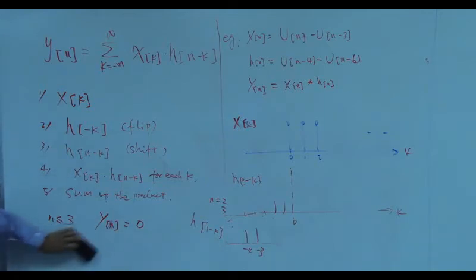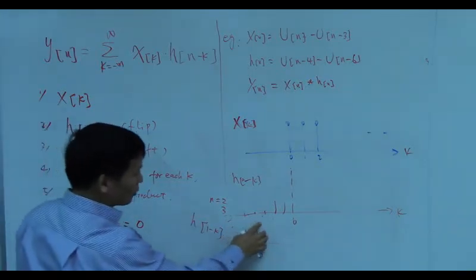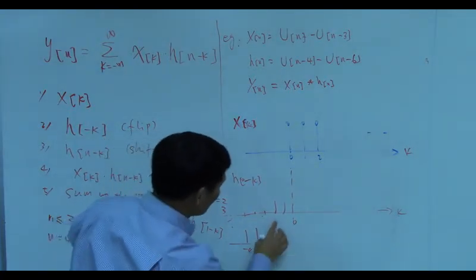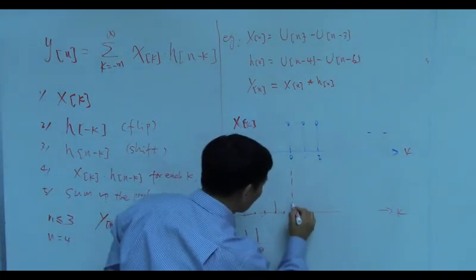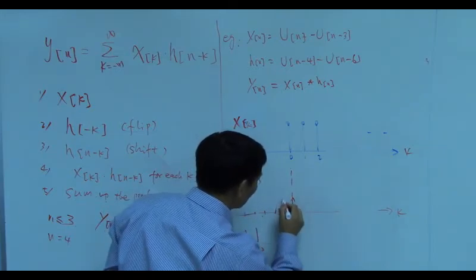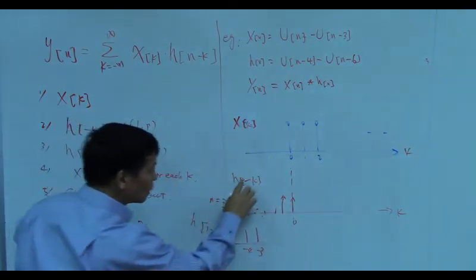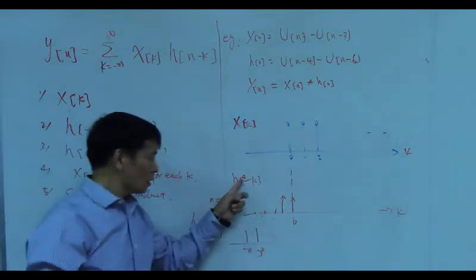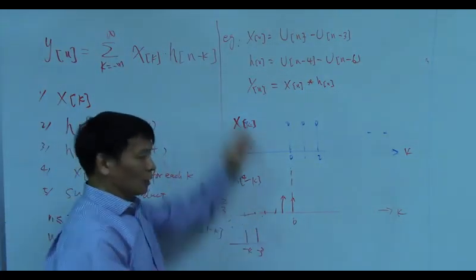So the next one is when n equals 4. This one will shift to 0 here. This one will shift to negative 1. We have these two. So this is h[4 minus k], which means n equals 4. Multiply.